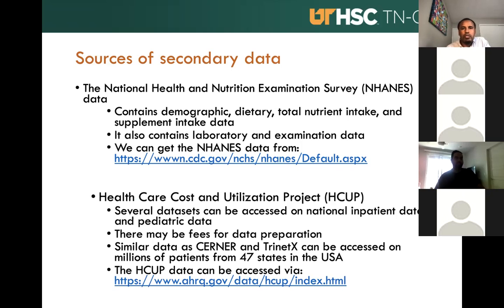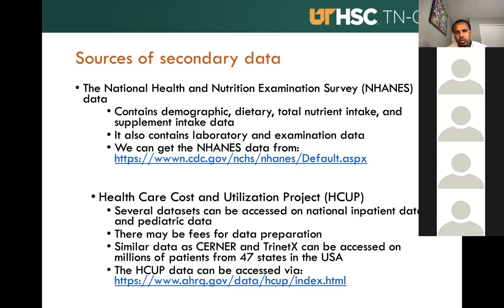Another secondary data source that we can use for research is the Healthcare Cost and Utilization Project, or HCUP. So that's found on the Agency for Healthcare Research and Quality.